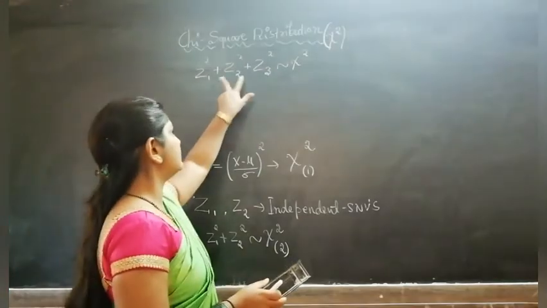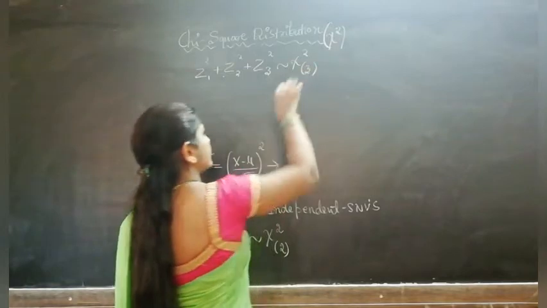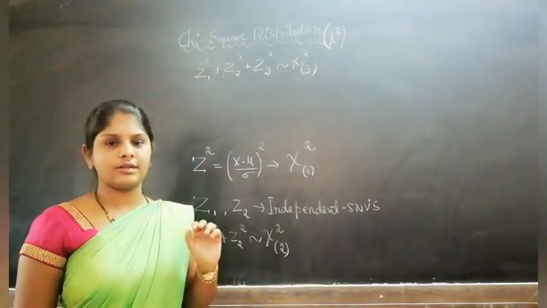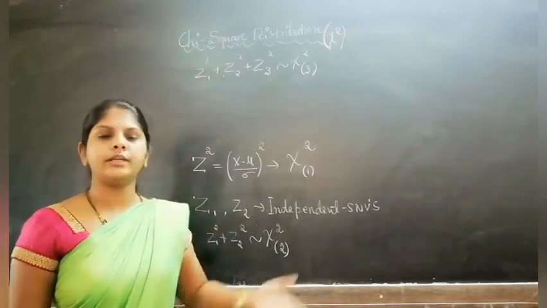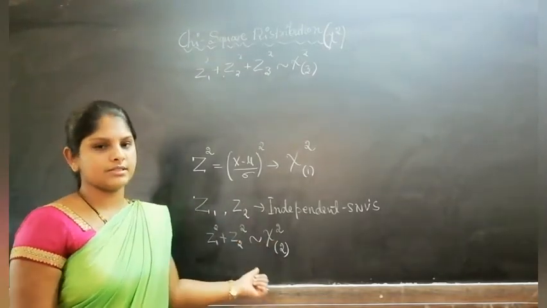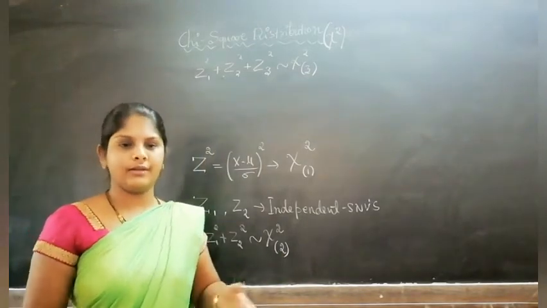Here we have three variables, so it follows chi-square with 3 degrees of freedom. It may be asked for 2 marks: if z1 and z2 are independent standard normal variates, what is the distribution of z1 square plus z2 square, or for three variables or any number of variables.